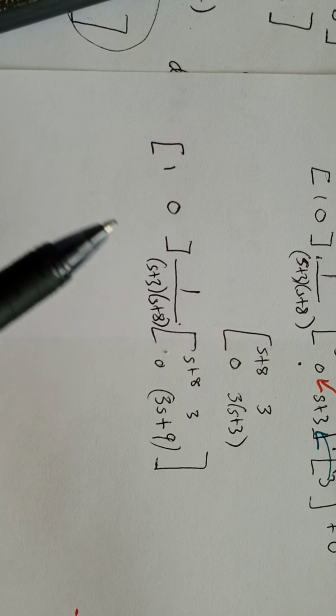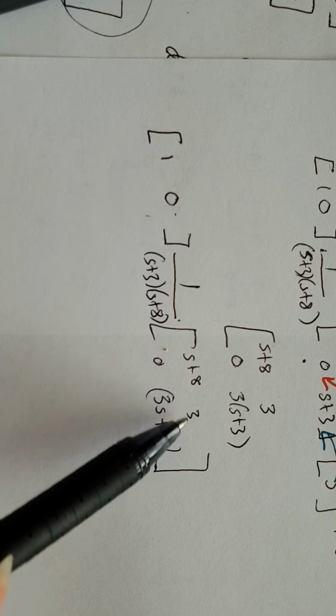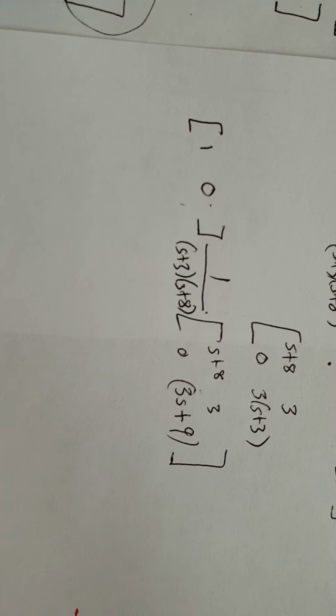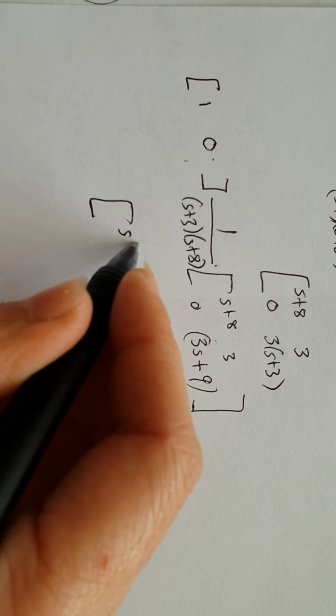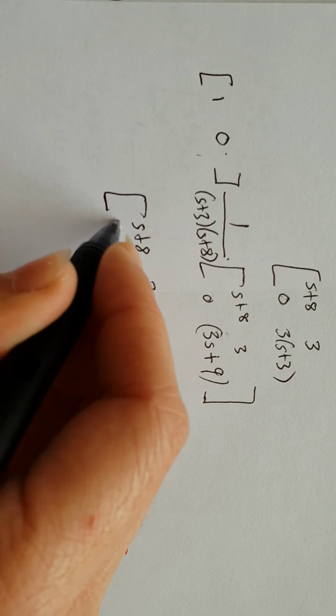Now we're going to do the C part. We're going to times this by this matrix here to make it much easier. So let's just write it again with the C matrix on the other side so we don't get too confused.